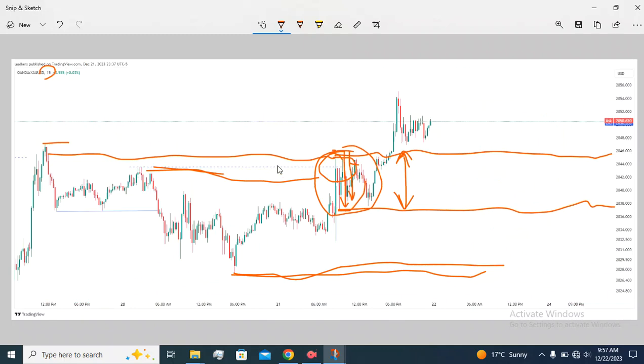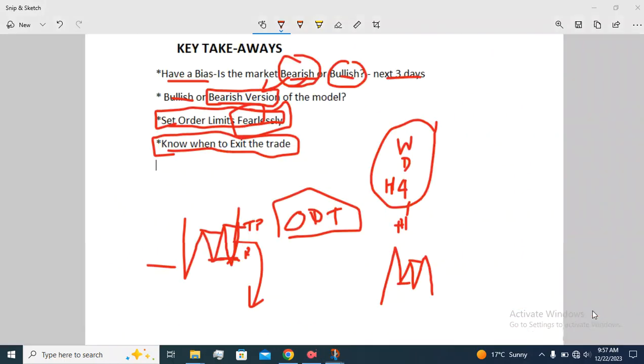Yeah, our order was triggered. The market dropped down some 50 plus pips, which we will have taken, and now the market is reversing to take the high. That's exactly what I'm trying to illustrate here.